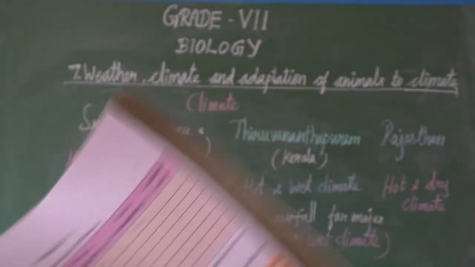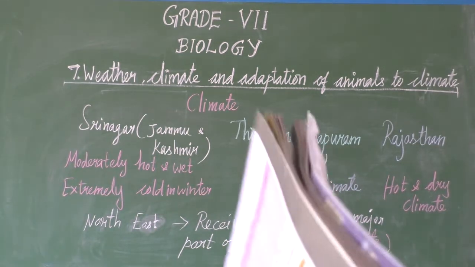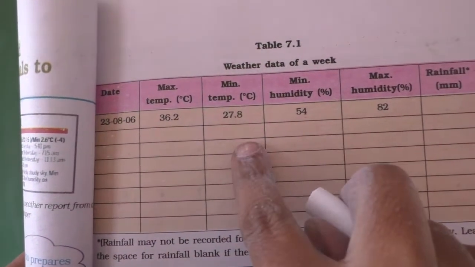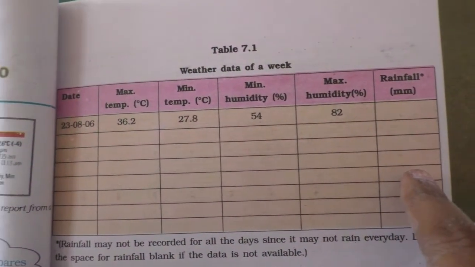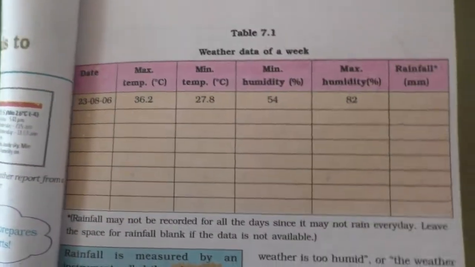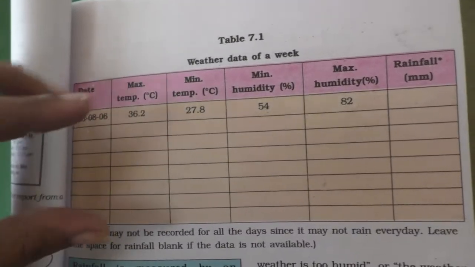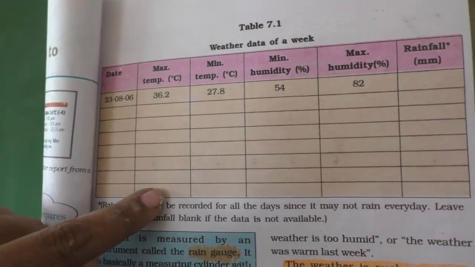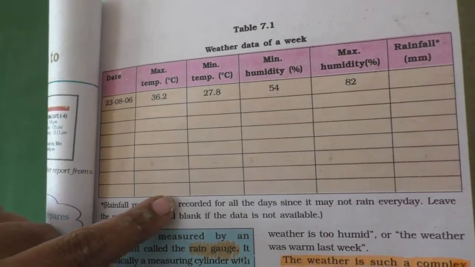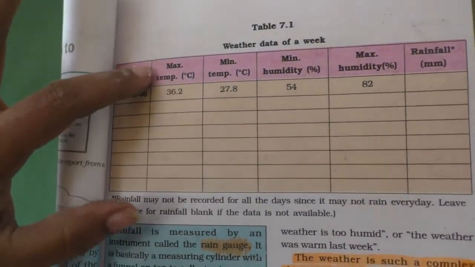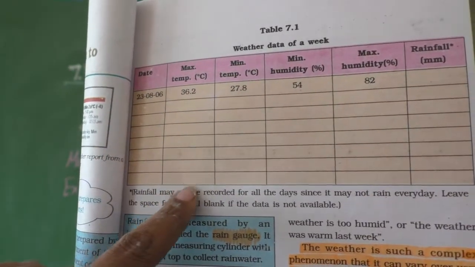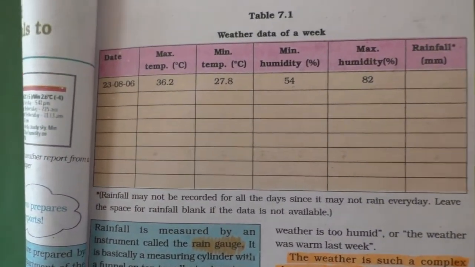So here we calculated daily report, no, in 7.1 table, maximum and minimum and rainfall and all we are entering. Like that, the meteorological department, they calculate the daily temperature report, add all of it and total it, and they will take average. So for 1 month, adding all 30 days, they will take average.